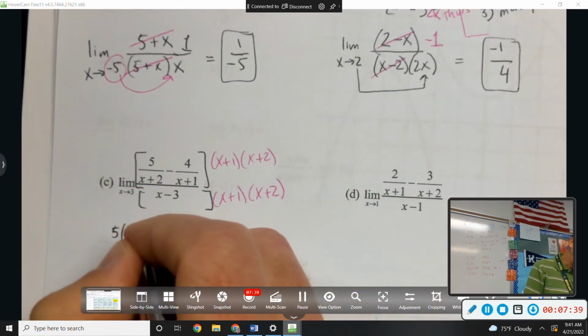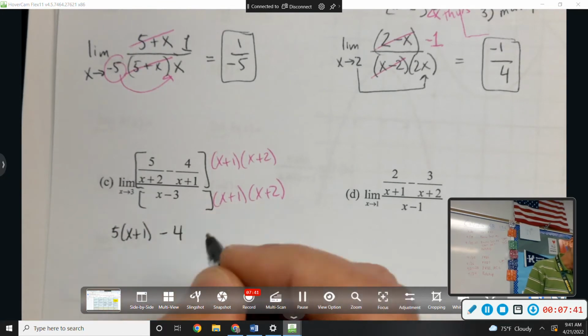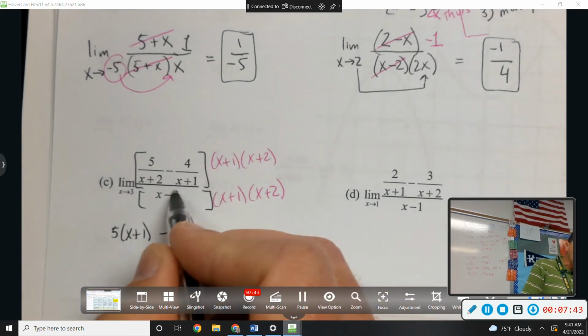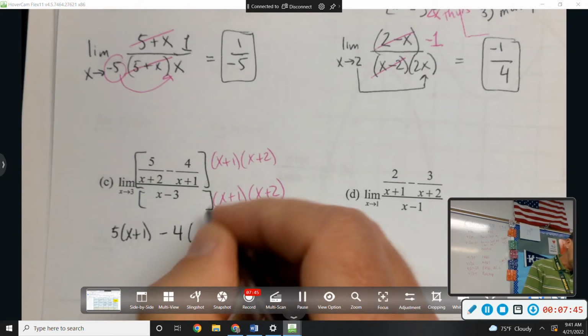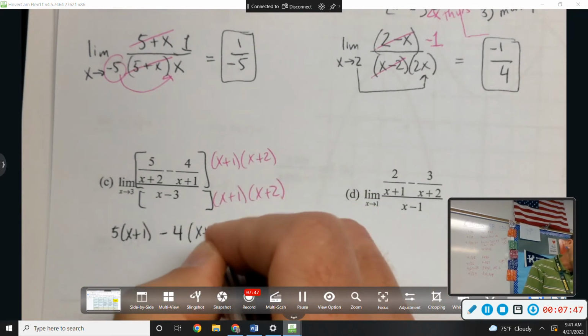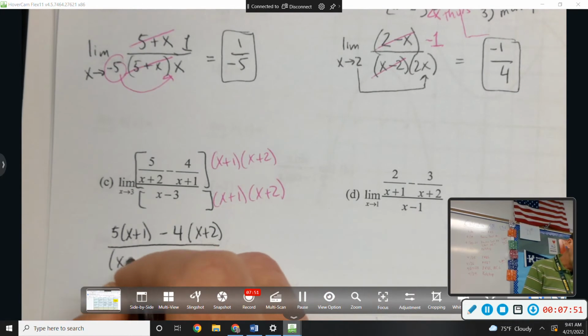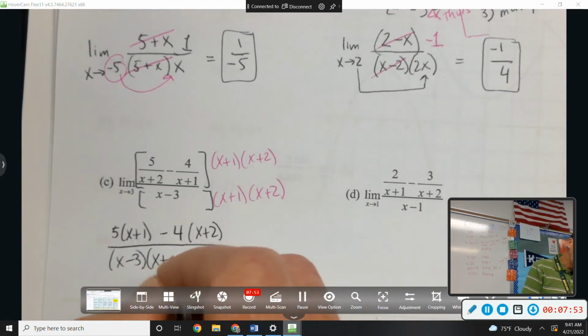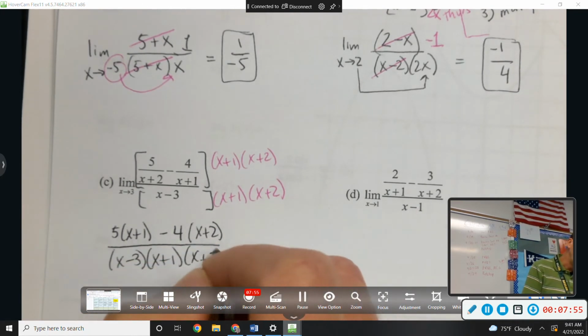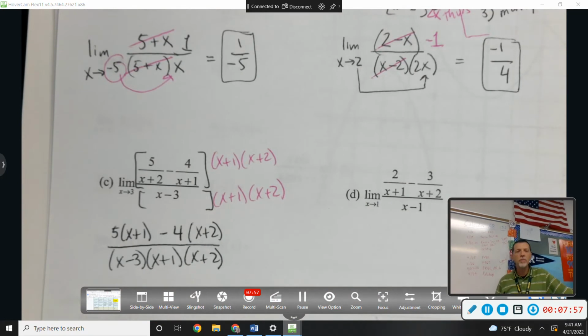That would leave 5 times x plus 1. On the second term, the x plus 1's cancel. So that leaves 4 times x plus 2. And in the bottom, I think I've learned my lesson to just leave it all multiplied out, and we'll hope that something cancels here in a minute.